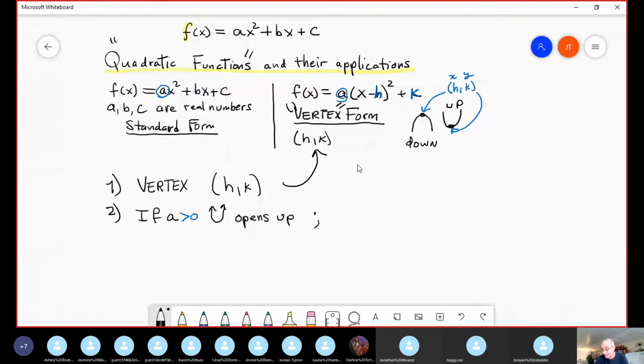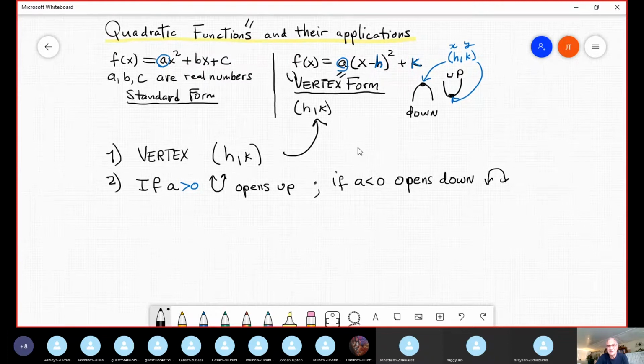Otherwise, if A is negative, it opens down. Up and down, like that. Now, if you want to discover in what direction the parabola opens, you look at A. That's it. A is -2, down. A is +4, up. That's it.